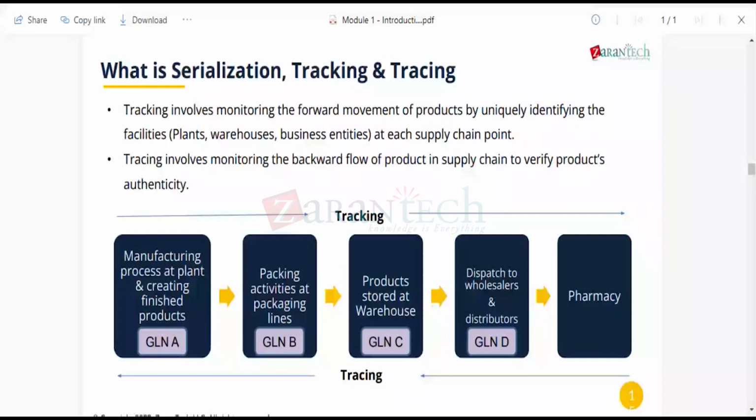Okay, and then when the product is moved from one facility to another, tracking means this particular product is shipped from plant A to plant B, and at plant B it is received. So in standard ERP also we have post goods issue and post goods receipt, correct? This is a very basic, layman's terms example.